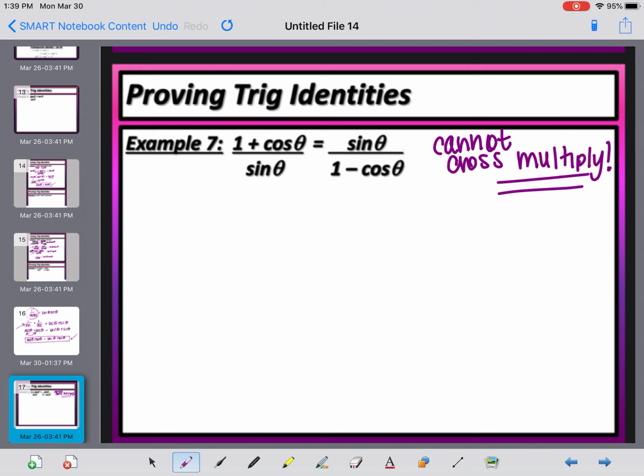Doesn't really matter in this case. So I'm just going to work the left side. So I have 1 plus a cosine. Well, I'm thinking back to my Pythagorean identities, and they all had a 1 plus somewhere incorporated in them. But remember, I said that the identities for Pythagorean don't hold true unless the values are squared.